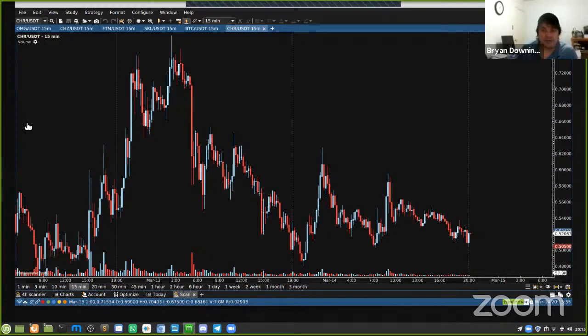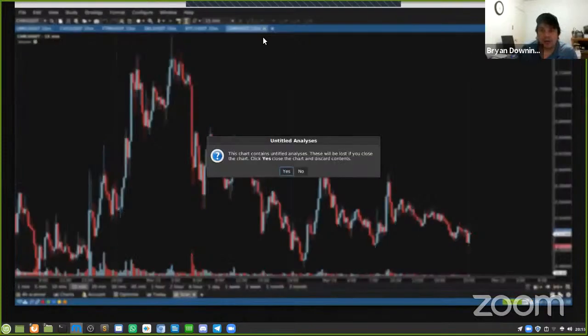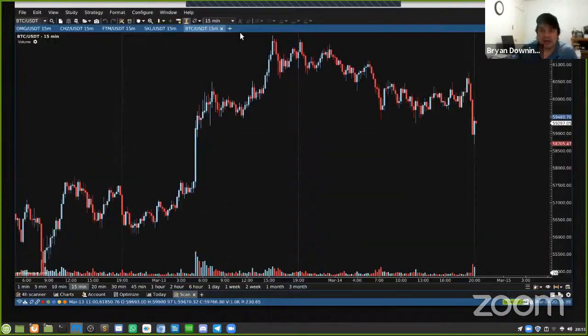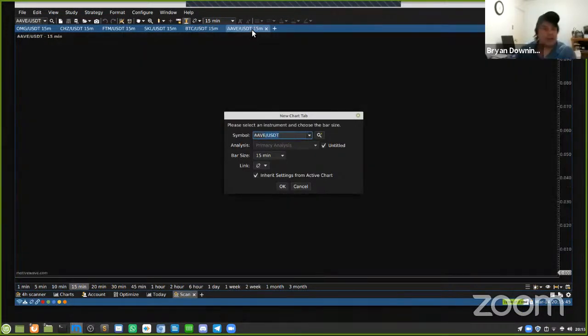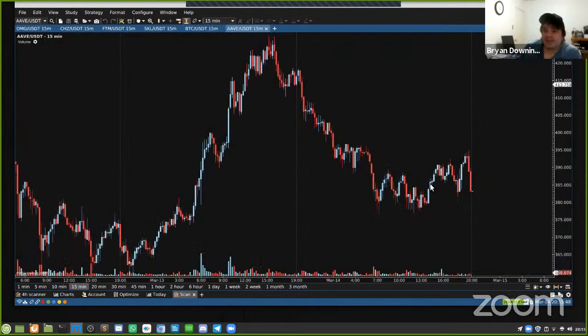So here we haven't seen this in a while, but again, this one's AVE. AVE. Again, you can see these little moves, but there's some downward pressure on this one. And here at 14:15, got a price here at 385.